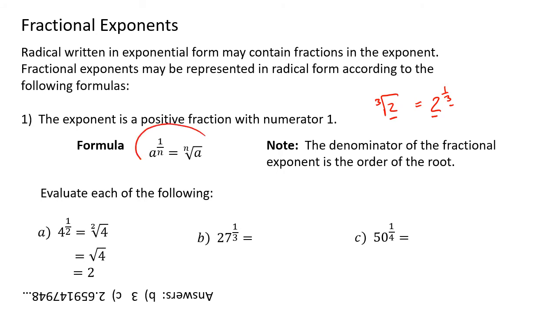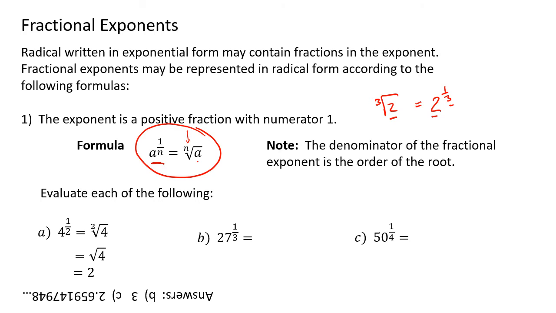So this formula shows you the general term. If you have any number a under the root sign, raised to some order of a root n, you can write it as a power, a to the exponent 1 divided by n, being the order of the root.